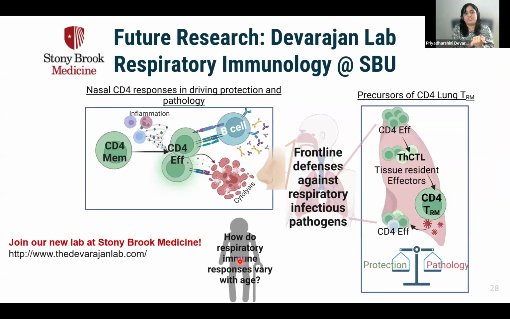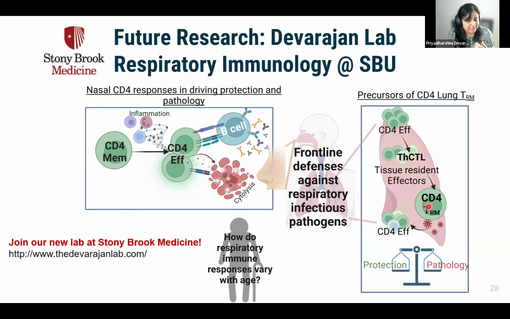And for what this project has led to, I'm very excited to be starting my own group at Stony Brook Medicine focusing on respiratory immunology. And what the findings from this have led to is that these cytotoxic CD4 T cells that we showed need IL-15 and local antigen are able to go on to become long-lived tissue-resident memory in the lungs.